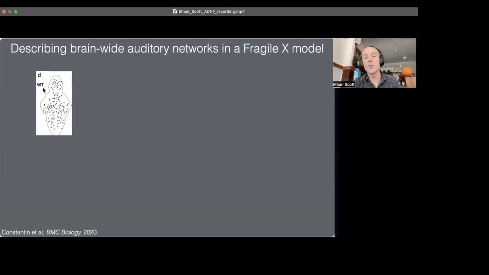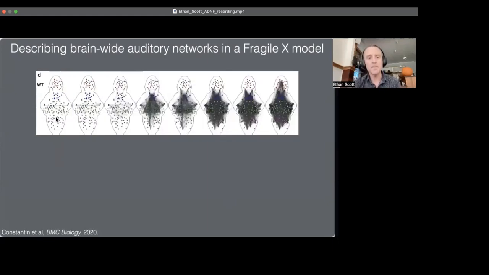This again is a means of coarse graining the brain-wide activity to a scale where we can perform these sorts of analyses. So there's a wild type animal, and these are the nodes that you could form in wild type. A first step in graph theory is to look at correlations across these nodes and to fill in edges, draw lines between nodes if their correlations exceed a certain threshold.